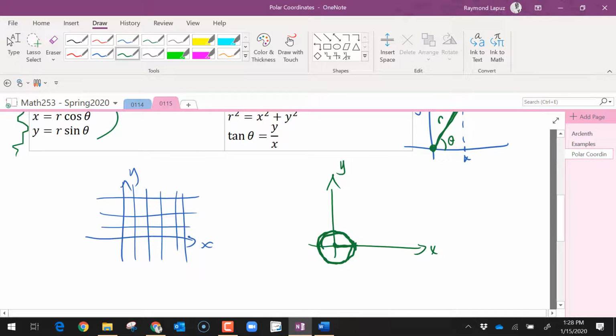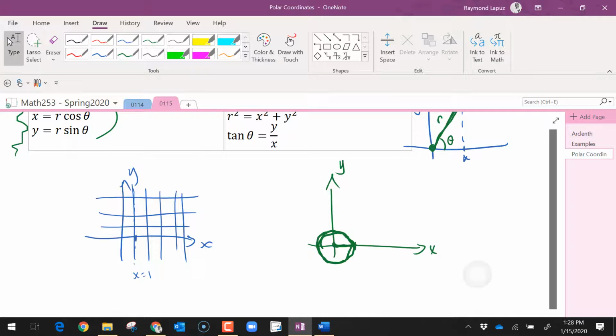When I say x equals 1, my x value is equal to 1, and it doesn't matter what my y value is. As long as my x is 1, I'm all good, right? So when I say r is equal to 1, my radial distance is 1, and it doesn't matter what my angle is, as long as my radial distance is 1, then that's where I am. So r is equal to 1 is, in polar coordinates, literally a circle.